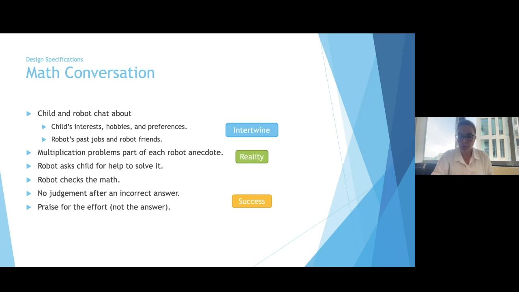Furthermore, we also use the multiplication problems as part of the anecdotes that the robot shares with the children, so the social and education components were intertwined. So we had the reality of the math task embedded in the chat that a kid had with the robot.